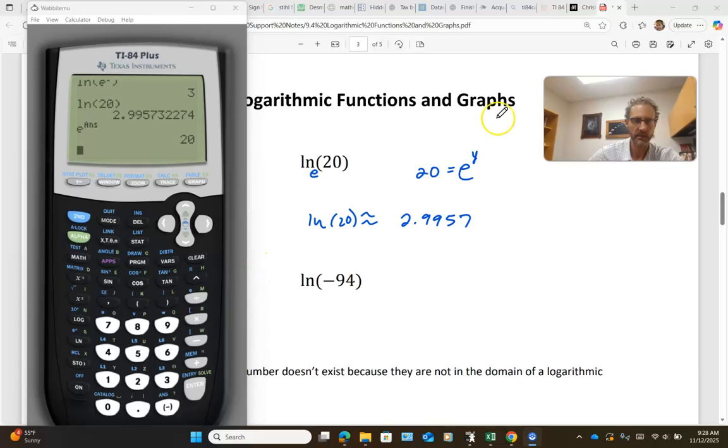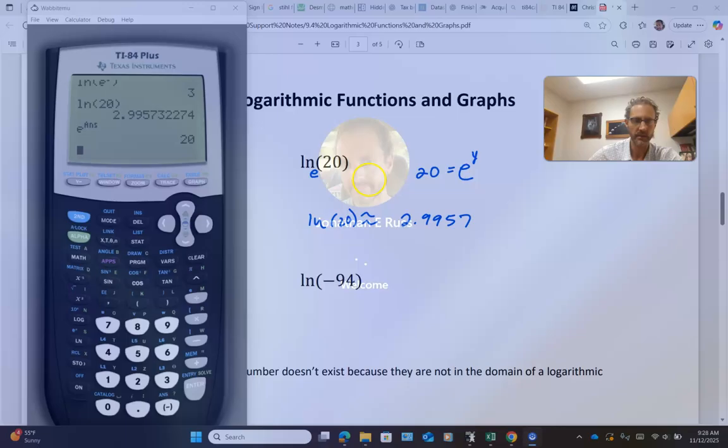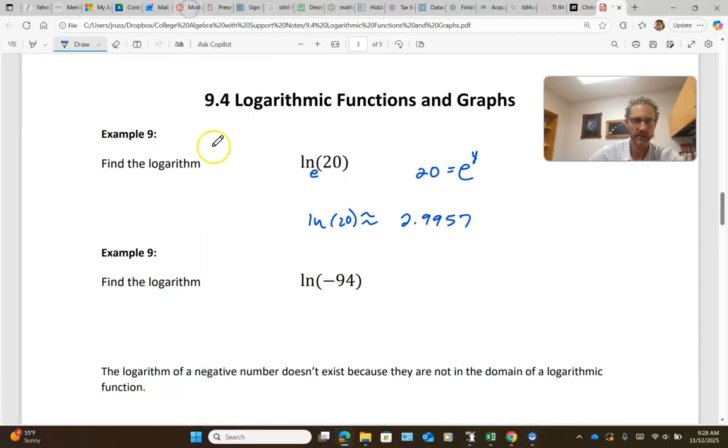It froze yet again. Alright, there we go. Okay, but it looks like I'm frozen. That's okay, because we're about to quit the part 1 video. Now, if I had just used e to the 2.9957, that would have given me something real close to 20, but it wouldn't have been exactly 20.